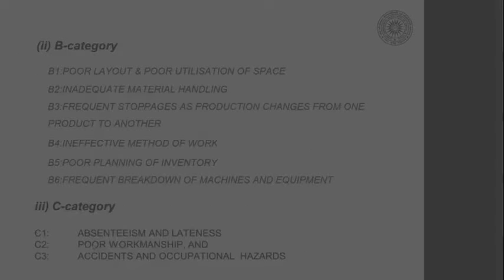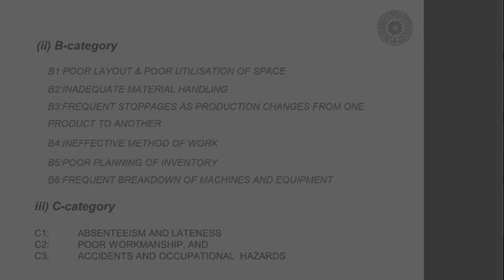Second comes the B category. So in this there are six categories. B1 is because of poor layout and poor utilization of space. This we studied yesterday, the type of layout which is required for the type of product we are making or the type of production process we are choosing.